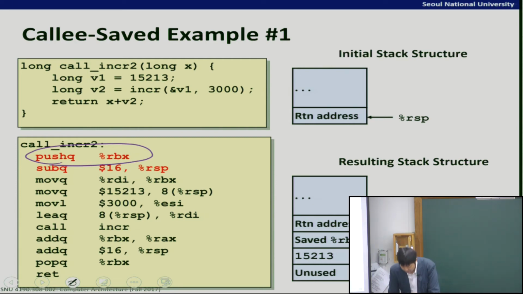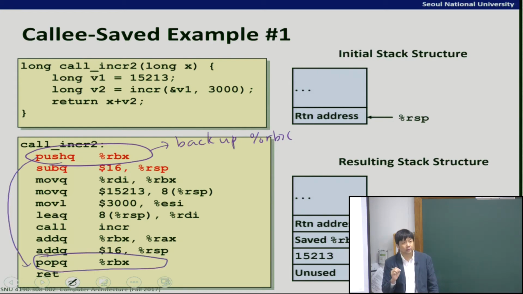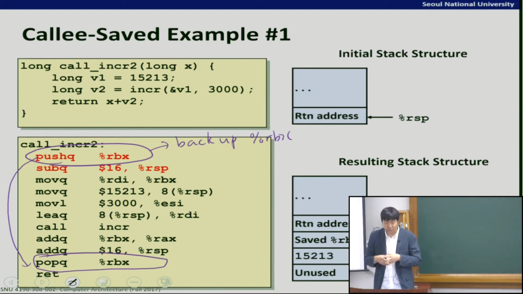This is a backup. And note that there's a corresponding pop instruction here. So if you see this, we first keep the original value on our stack, and before we return, we recover the original value, right?